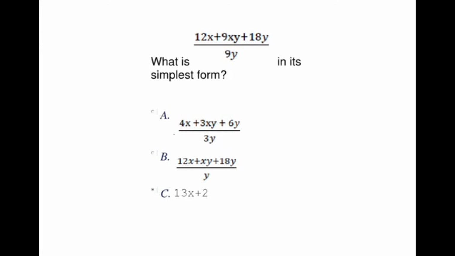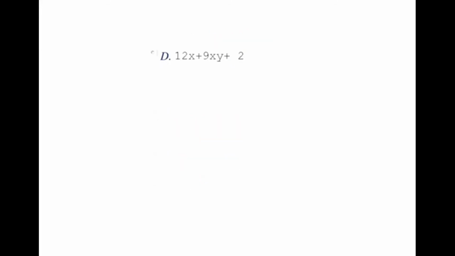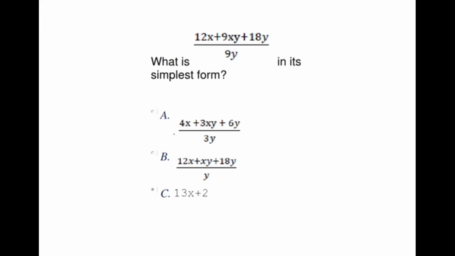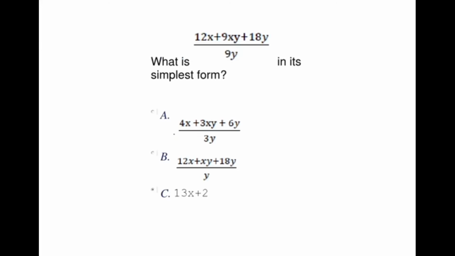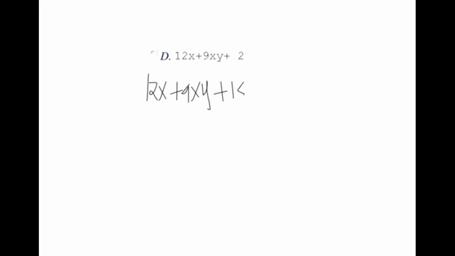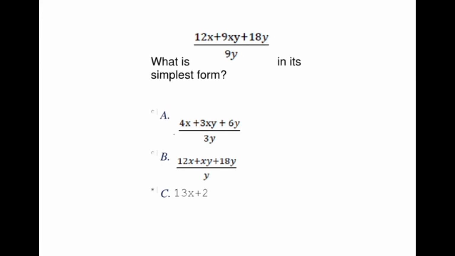What is 12x plus 9xy plus 18y divided by 9y in its simplest form? So we have 12x plus 9xy plus 18y divided by 9y.